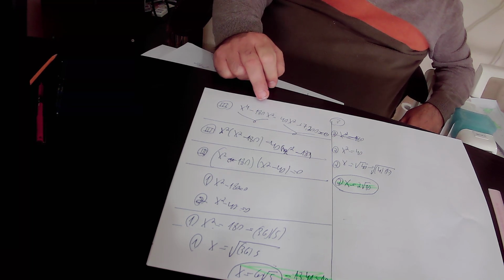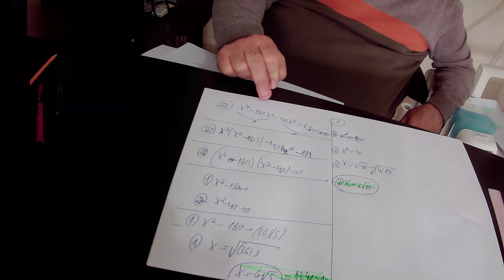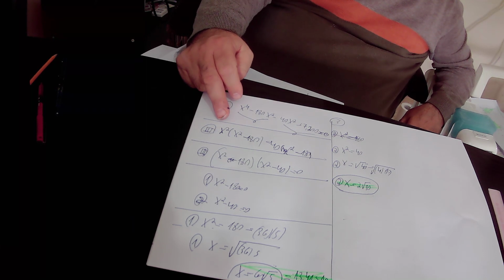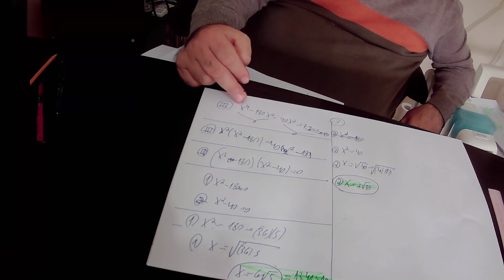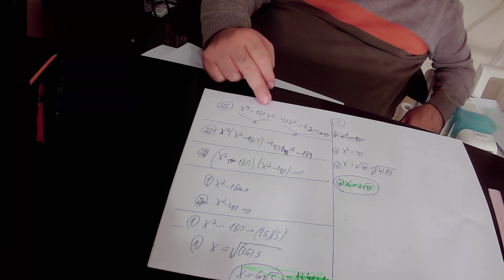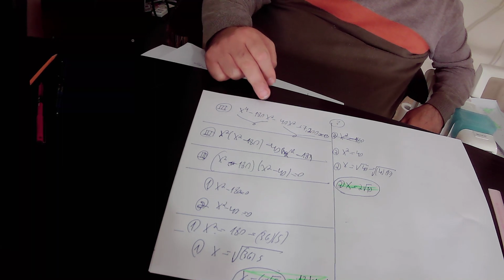And then we took a common factor from x squared and minus 180 x squared. We took x squared as a common factor, and inside the brackets, from this, what is left is x squared. From this expression, what is left? It is actually minus 180.